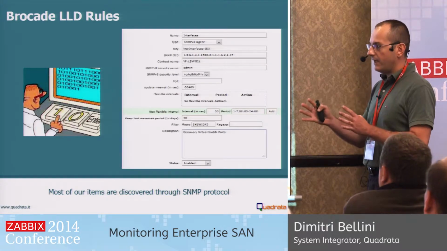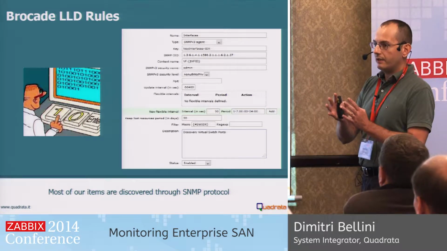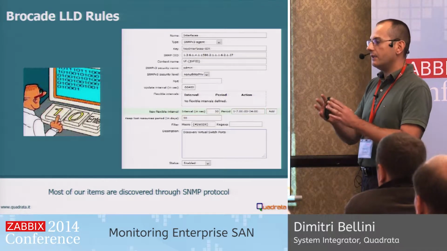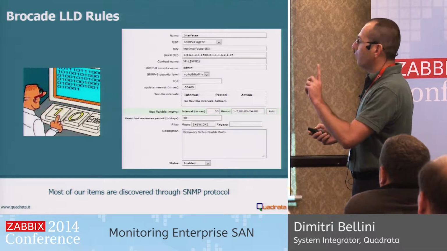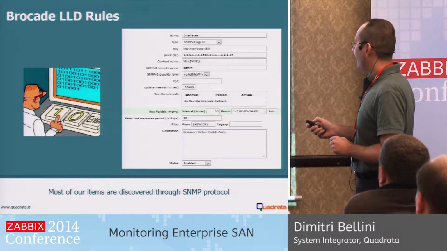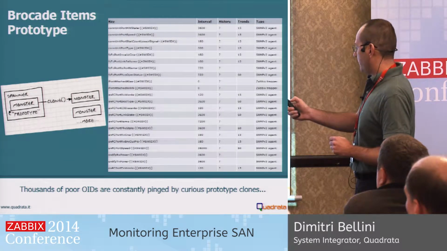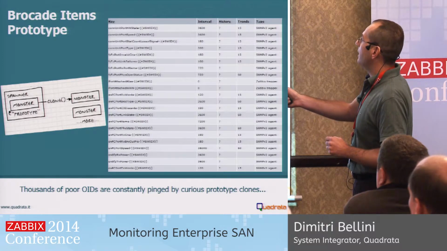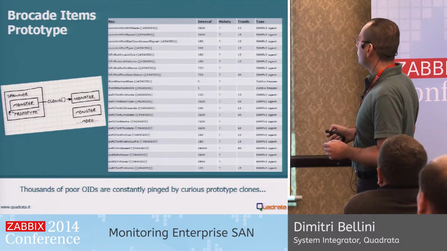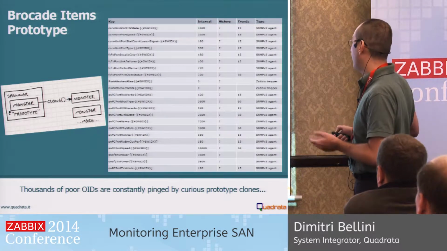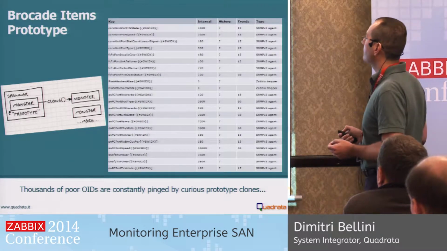So a single device can separate the ports into sub switches, but we have only one device, and the problems come here, because for every port we have these prototype items. It's near 15 items. We don't use a very high update interval. It's a good compromise.